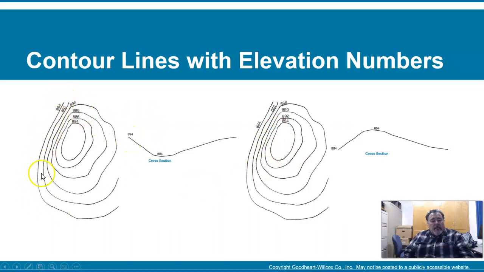Okay, so notice that these numbers get smaller and smaller as you go towards the middle, indicating that the land is dropping in elevation. Here the numbers get larger and larger, indicating that the hill is getting higher in elevation.